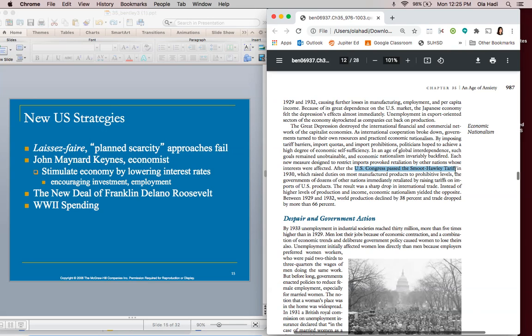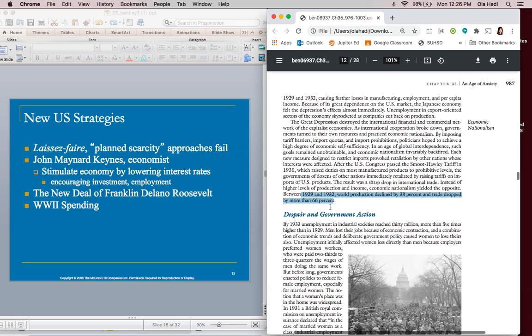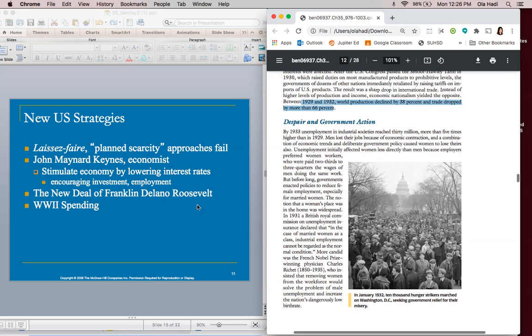One of the most famous tariffs was the Smoot-Hawley tariff of 1930, which raised duties or taxes on foreign goods and was basically met with retaliation and led to a drop in international trade. And we see international trade dropping by more than 66% by 1932.